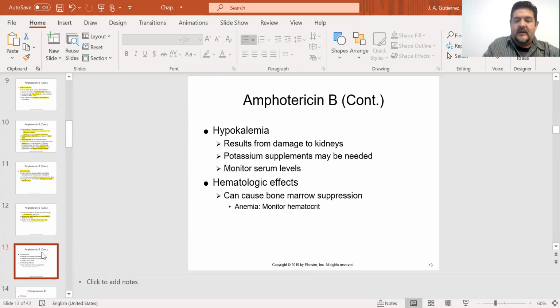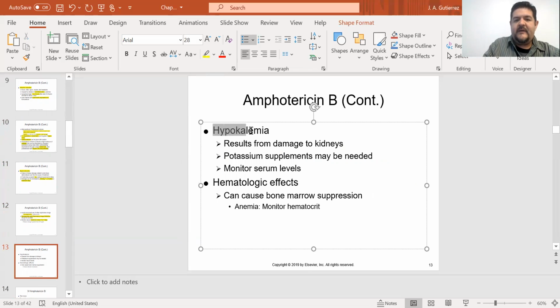Now, what is going to happen with amphotericin B? We're going to have hypokalemia. So you need to remember your lab values for calcium and potassium. And if the patient is hypokalemic, remember the organ that you need to follow up is the heart. What happens to the heart?